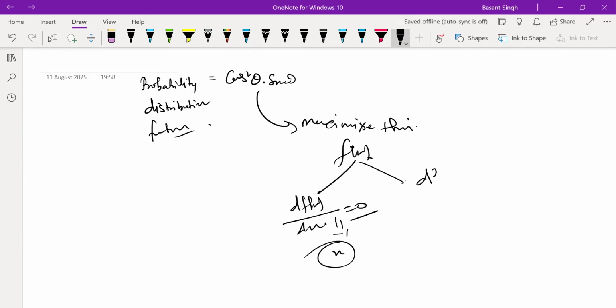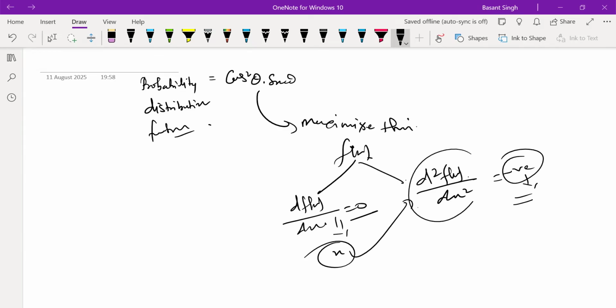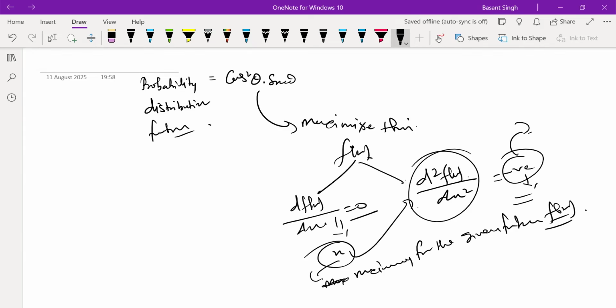After that, double differentiate this function, and by putting this x value, if we get a negative value for this function, we say that this x gives the maximum for the given function f(x). So this is the mathematical tool.